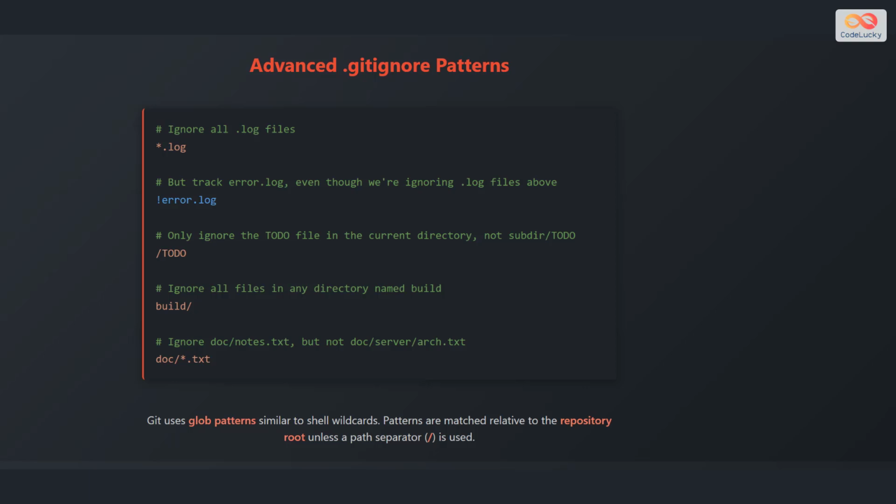Git uses glob patterns that are similar to shell wildcards. These patterns are matched relative to the repository root, unless a path separator, which is a /, is used.